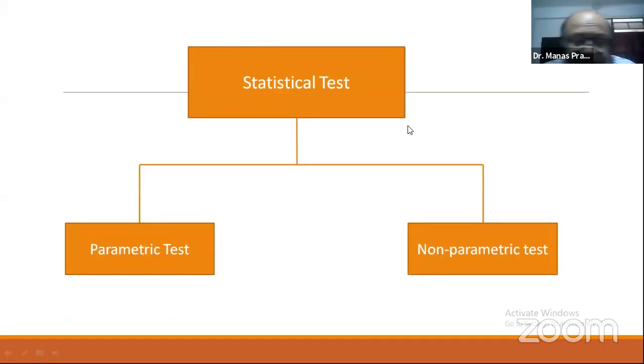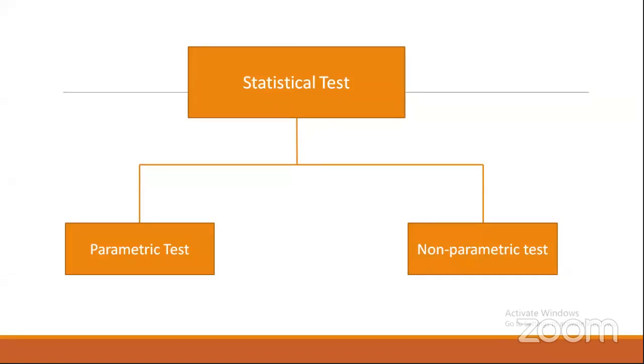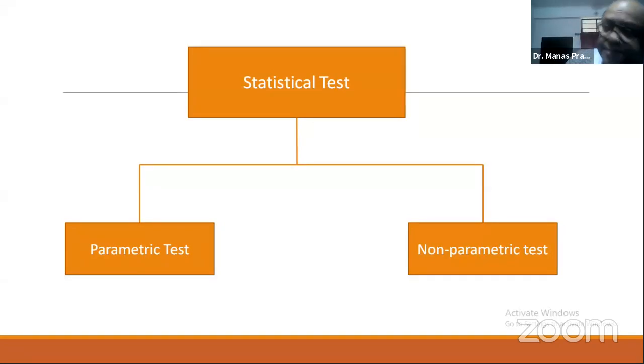Statistical tests are basically divided into two parts: one is called parametric test, one is called non-parametric. Parametric means has parameters.